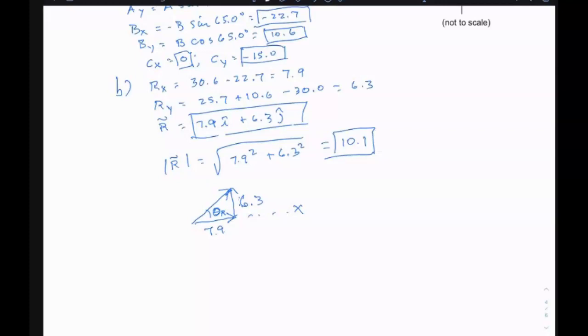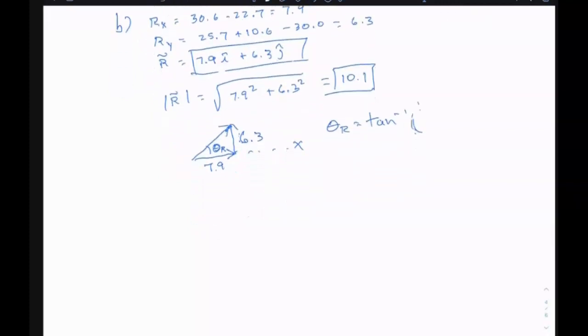So theta of r is equal to the arctangent of 6.3 over 7.9. And when I evaluate that, I get 38.6 degrees. And that concludes this video.